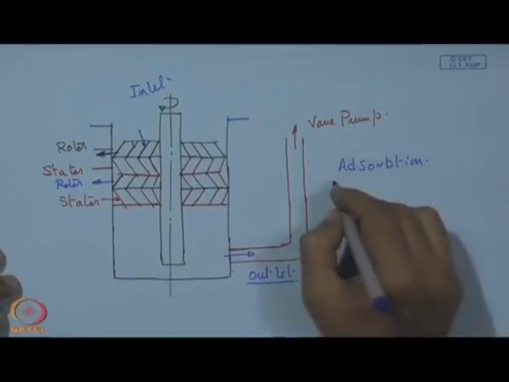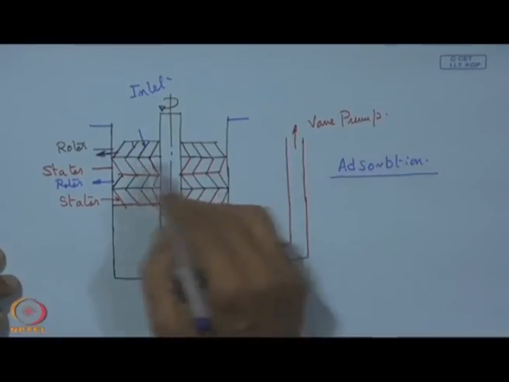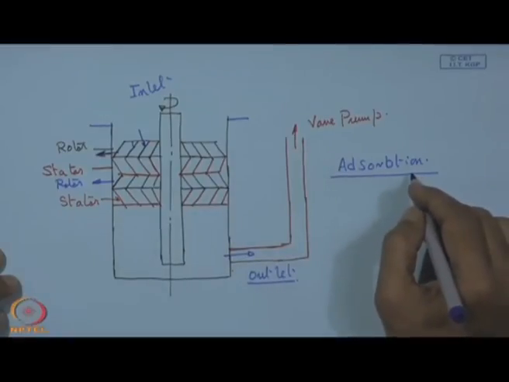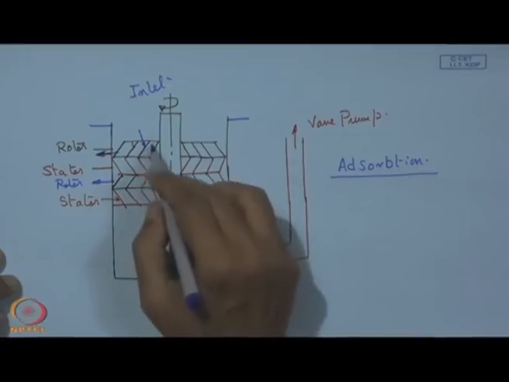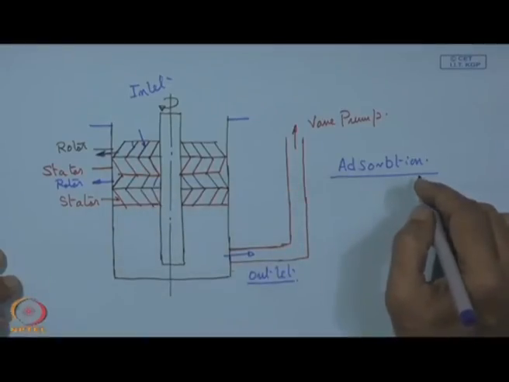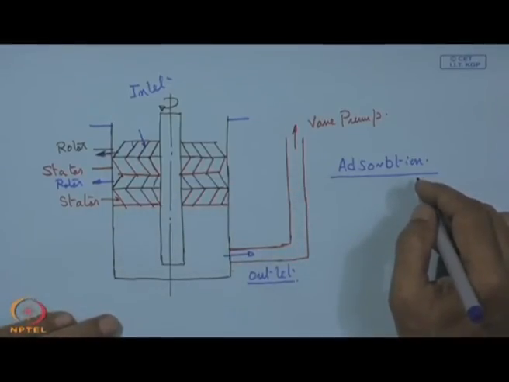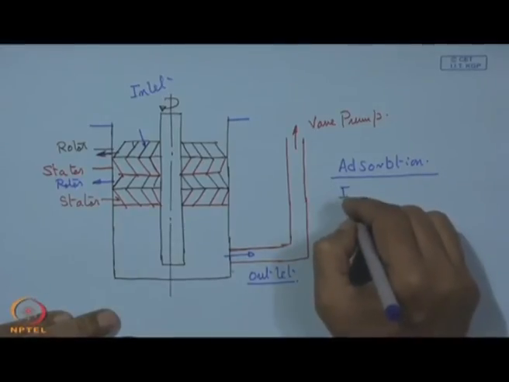That means it is approaching and it is absorbing, the type of absorption on this blade. So, these are the blades. So, it is adsorption and it is actually arriving with a certain incident velocity.